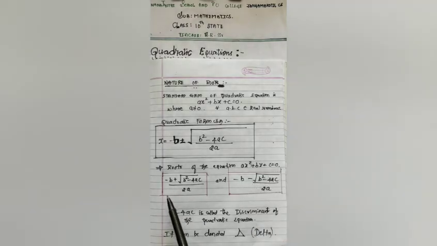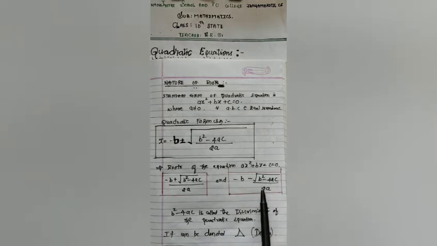This is the first root: minus b plus square root of b square minus 4ac, divided by 2a. And for the second root, instead of plus we should take minus: minus b minus square root of b square minus 4ac, divided by 2a.